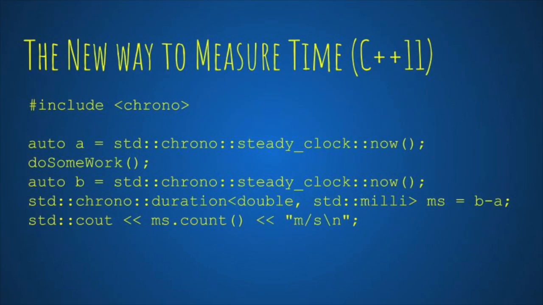The new modern way of measuring and timing code in C++11 or a newer compiler is to use the chrono header. The chrono header provides three different clocks to measure your time with.